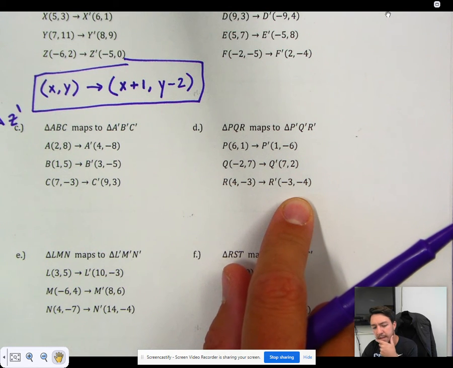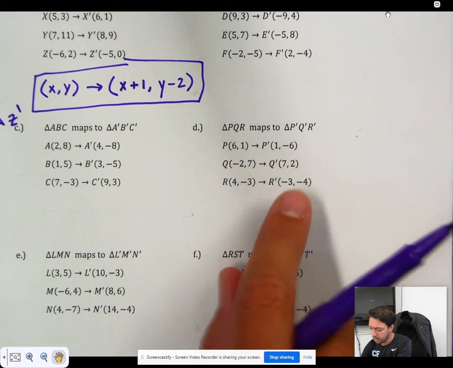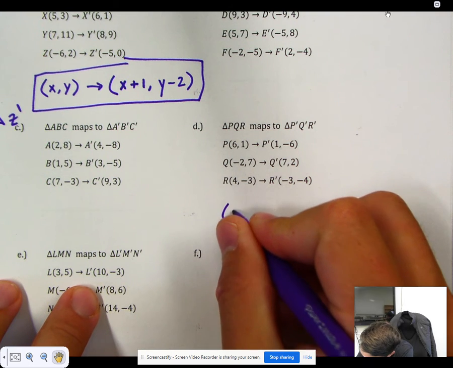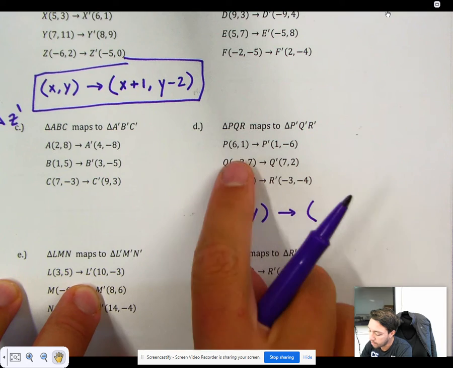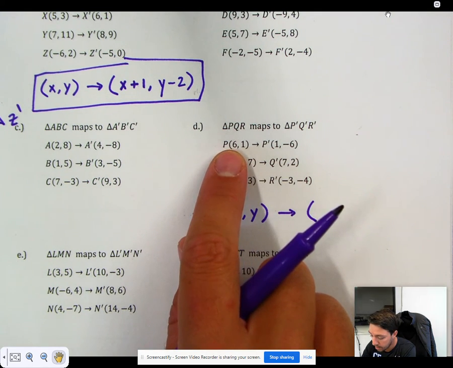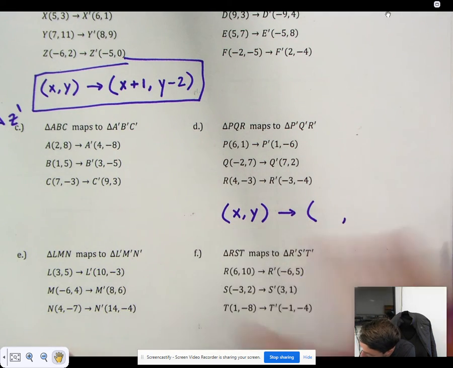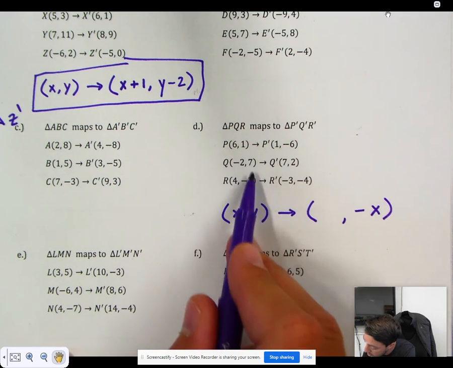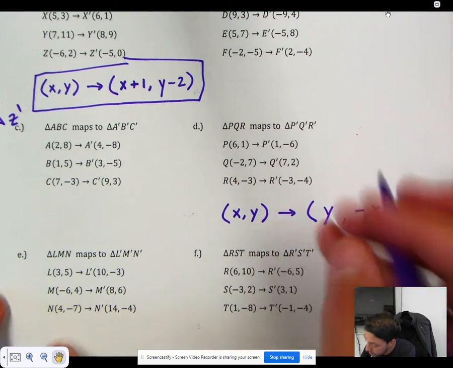So we might be thinking, wait a second, that means that there's something going on there with the swapping, right? So we started off with x, y. Like in this first one, there was a swap, but what happened? This x value is now a y value, and it's opposite. So that tells me that this x becomes opposite of x over here, and then the y value just goes directly over, so unchanged.